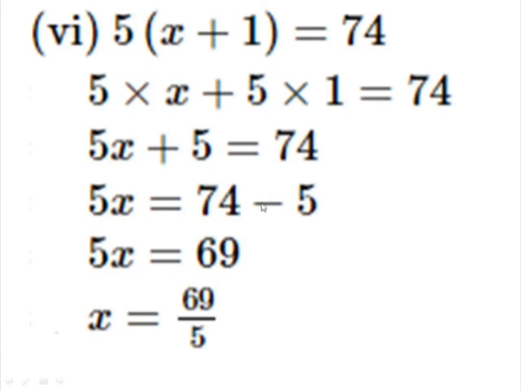So you will get 74 minus 5 in right hand side, and 5x will remain as it is in left hand side. Now 74 minus 5 is 69. 5x is equal to 69. Now 5 is in multiplication, so on the other side it will come in division. So you will get here x is equal to 69 upon 5. Hence, solution of given equation is x is equal to 69 upon 5.